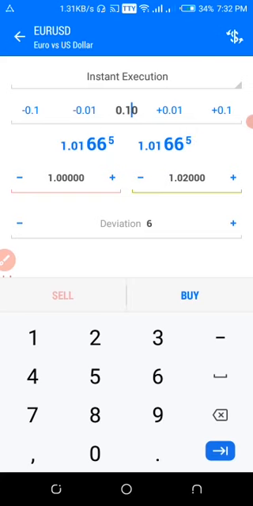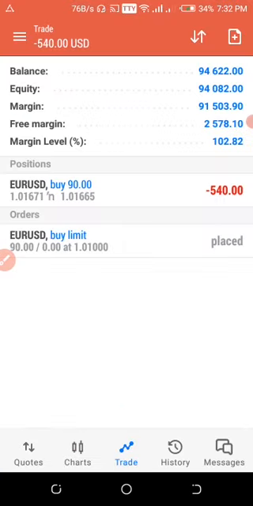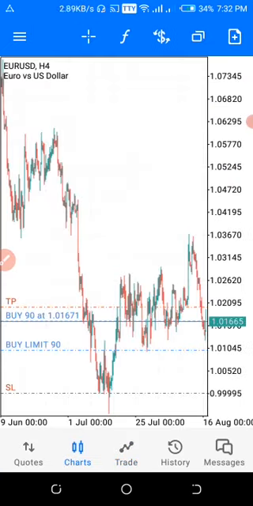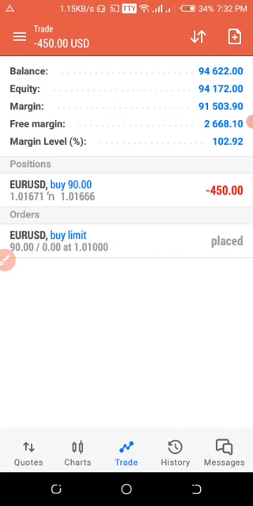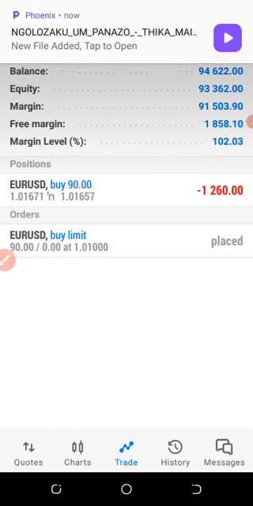So for example, I'm going to cancel this, because you can see this first one that is running, it is running very fast with the small pips, 10 pips. You can see, because the buy 90, that is the lot size over here.